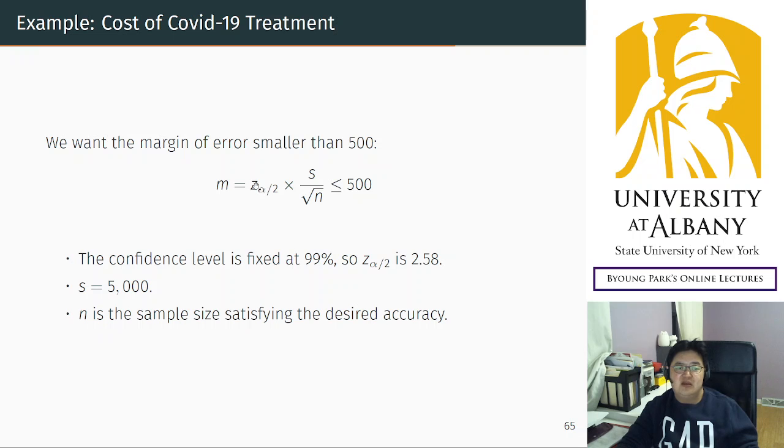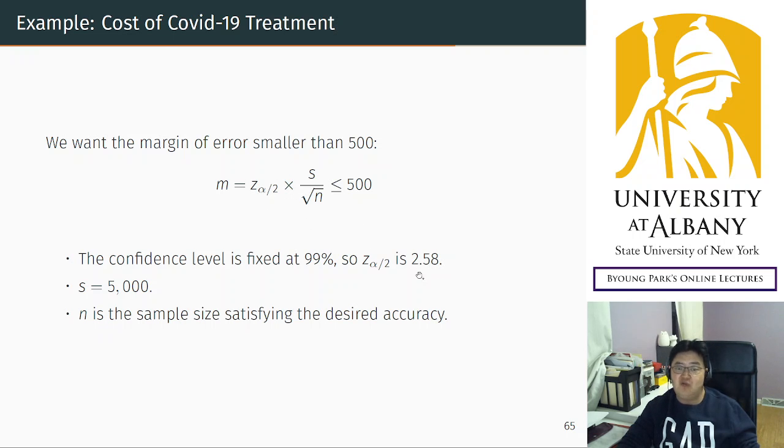So fixing this and this and bounding the margin of error by some number, then you only have one unknown, which is the sample size. So that's how we solve for the minimum sample size you need. Because the confidence level was 99%, this z value is automatically 2.58.